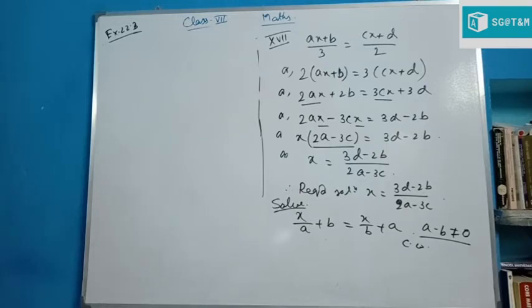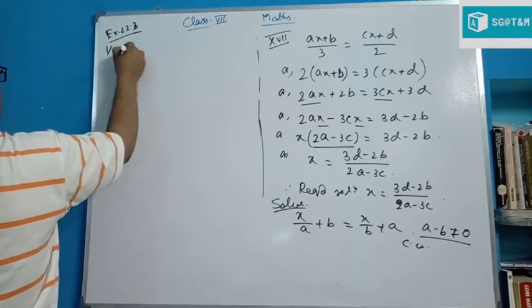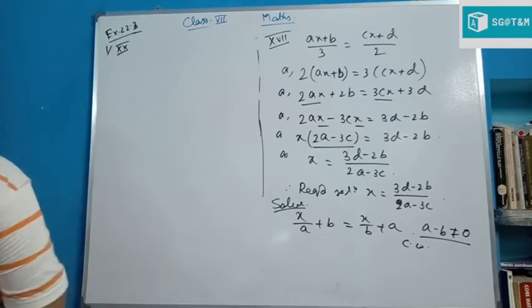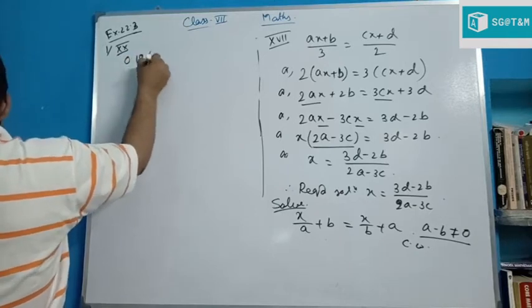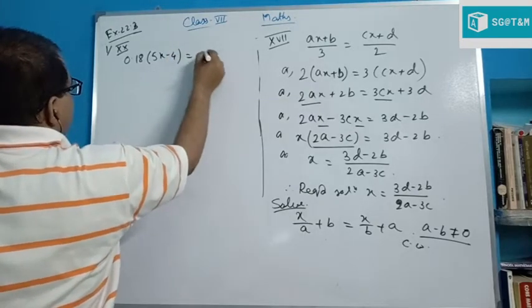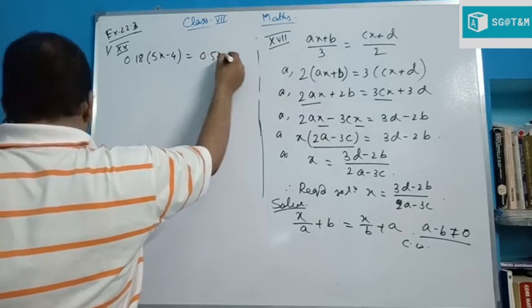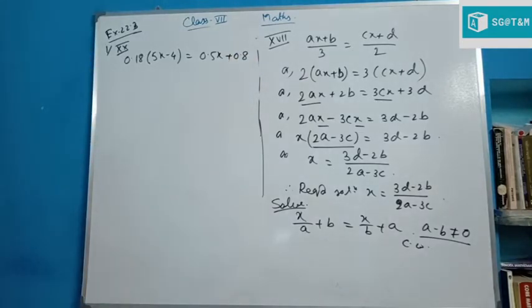Question number 20. 0.18 into 5x minus 4, that is equals to 0.5 into x plus 0.8.